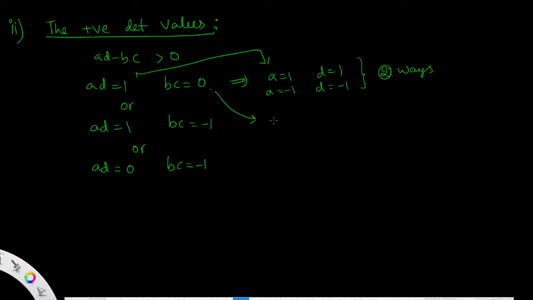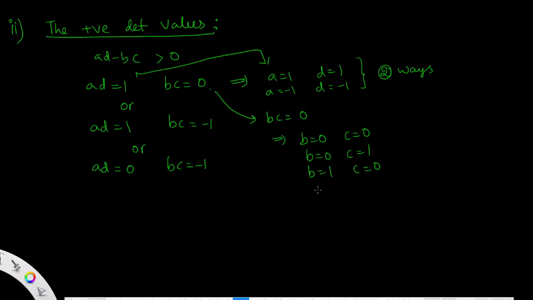Now we have to write BC equal to 0. BC equal to 0, nothing but how many cases we can get? Either B equal to 0 or C equal to 0. Or else B equal to 0 and then C equal to 1. Or else B equal to 1 and C equal to 0. Or else we are applying elements 1, minus 1, 0 are there.